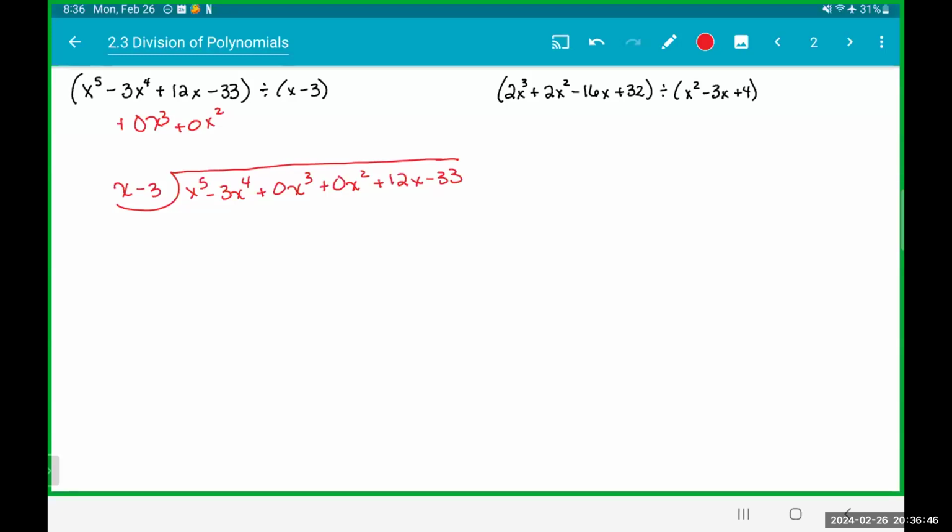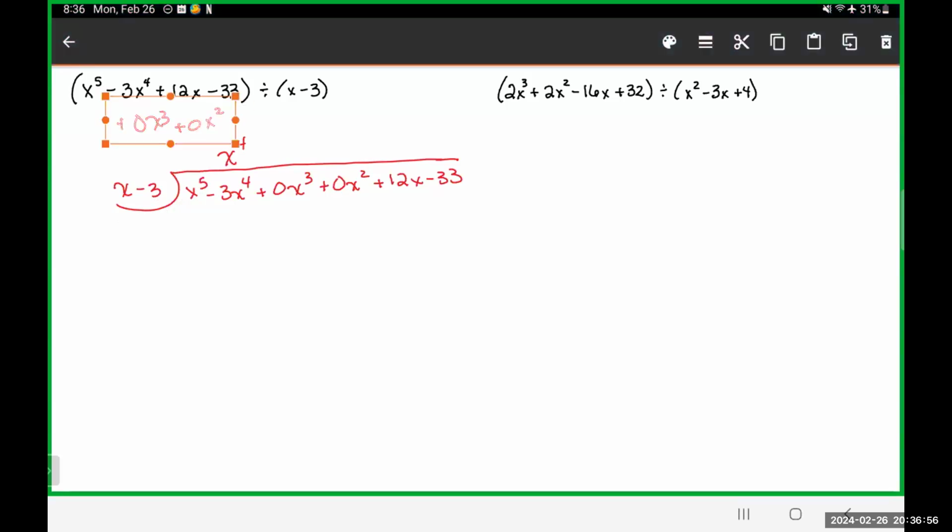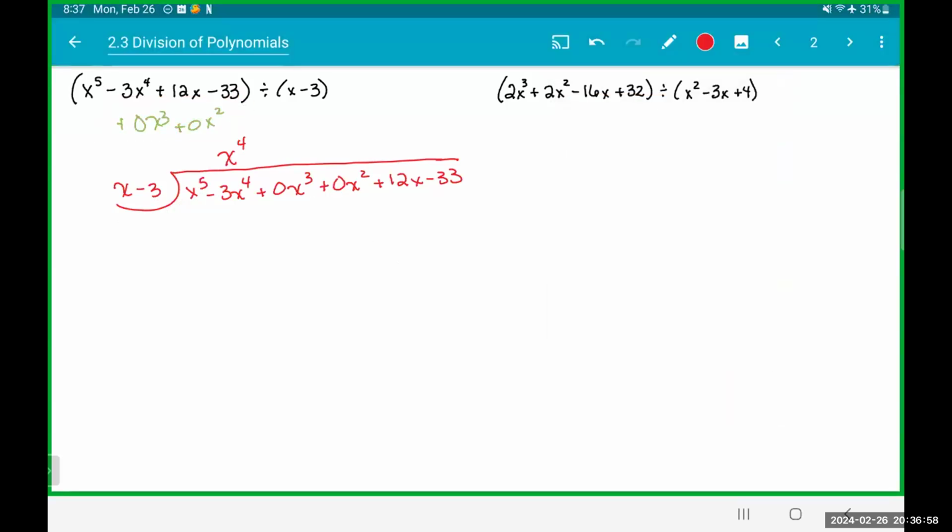So in doing this, how do I get x to the 5? I'm going to multiply x to the 4. So if I have x to the 4, I can say x to the 4th times x is x to the 5 minus 3x to the 4.